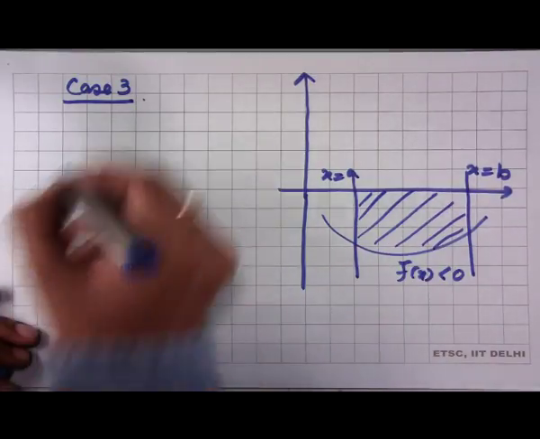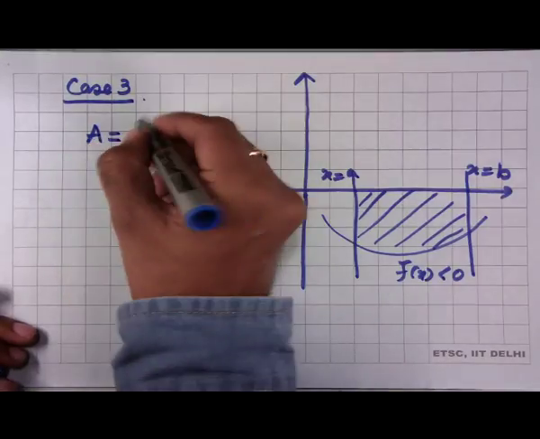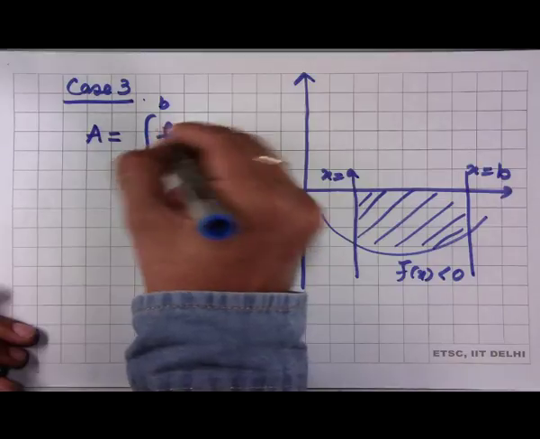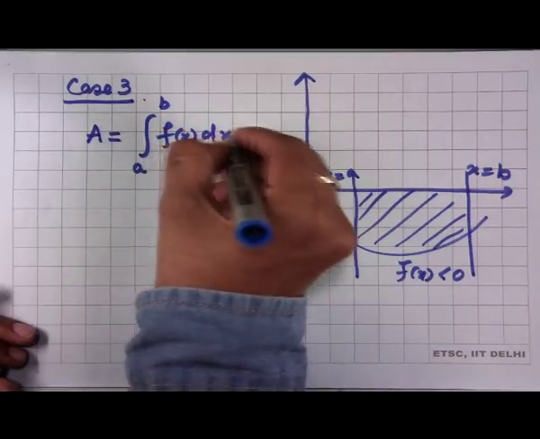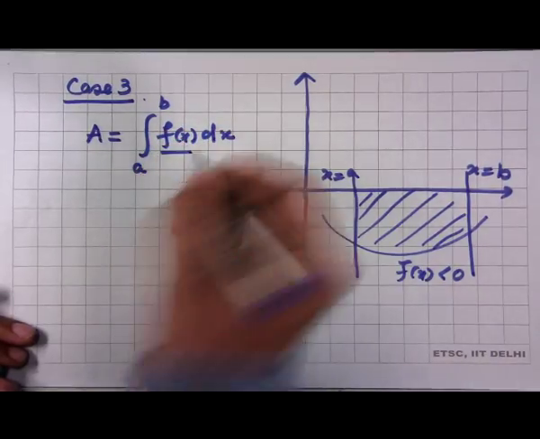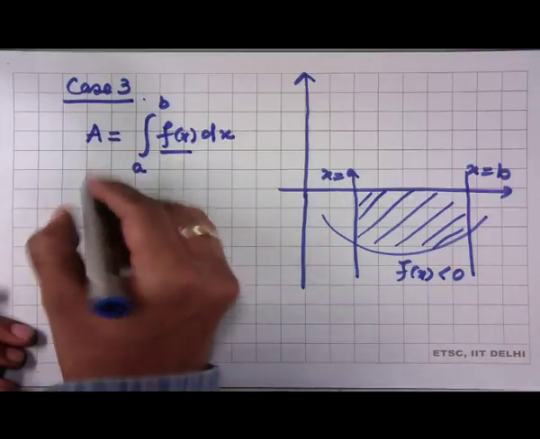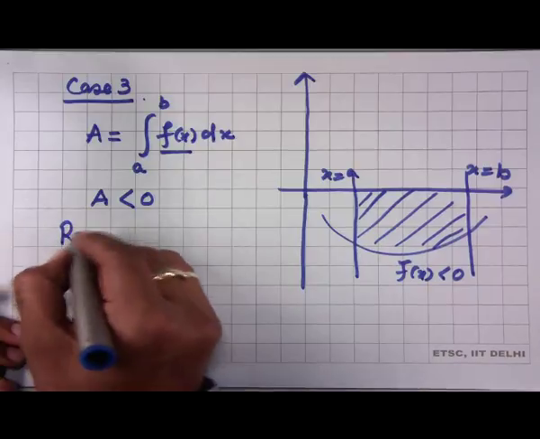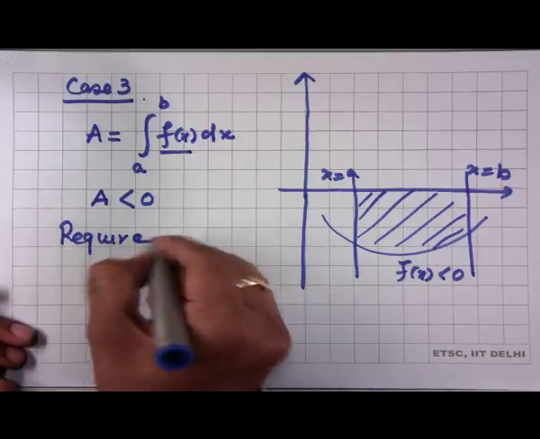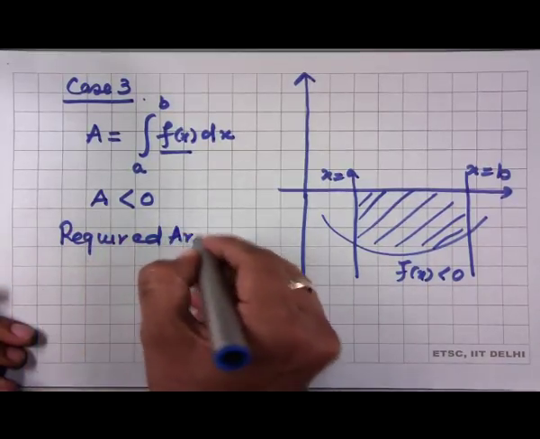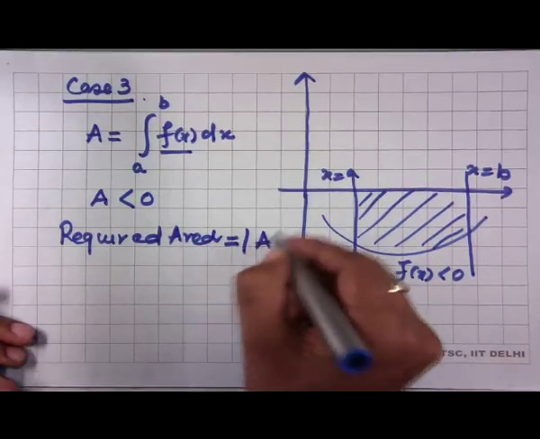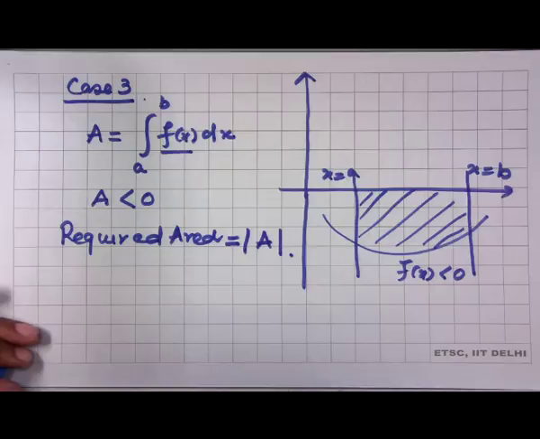So again the formula by similar logic will be integral a to b f(x) dx, but since f(x) is negative throughout, the value of A will be negative. Therefore for the required area you have to take the modulus of the final value. So required area will be mod of A.